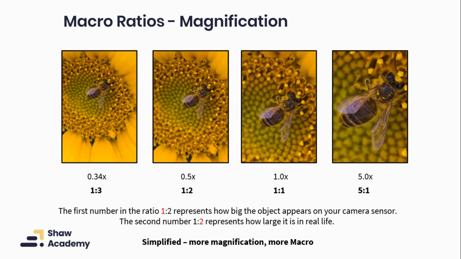So a macro ratio of 1 to 3 means that the subject is about a third of the size of what it is in real life on your image sensor. Okay, so we're getting into true macro when we go 1 to 1 or anything beyond that. So 1 to 1 means that we're representing the subject as the exact size that it is in real life on the medium, on the sensor.